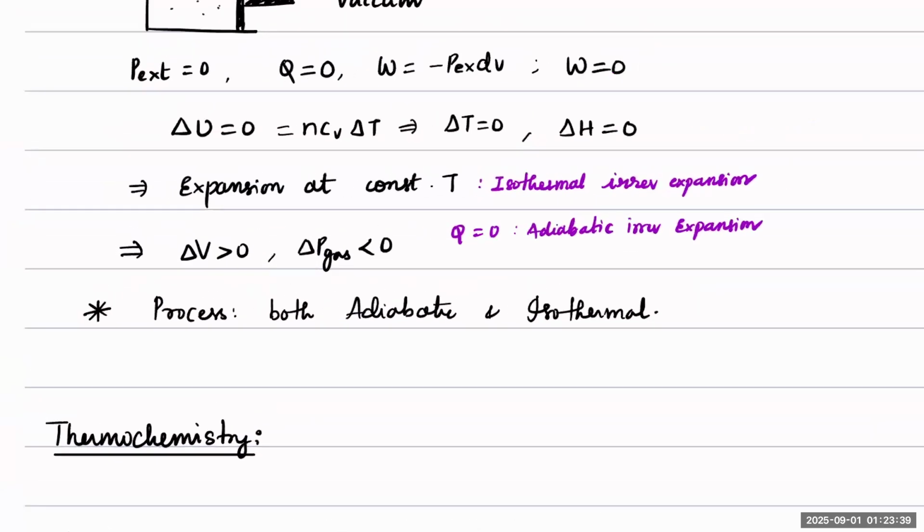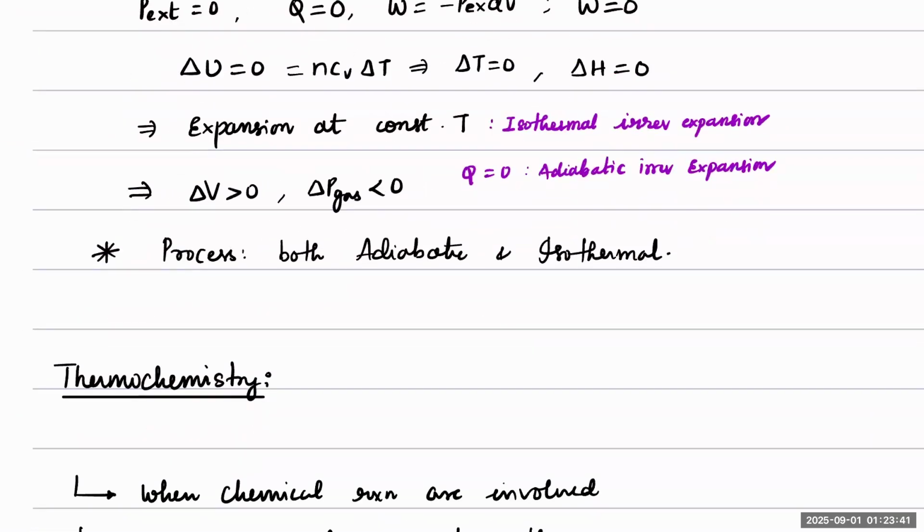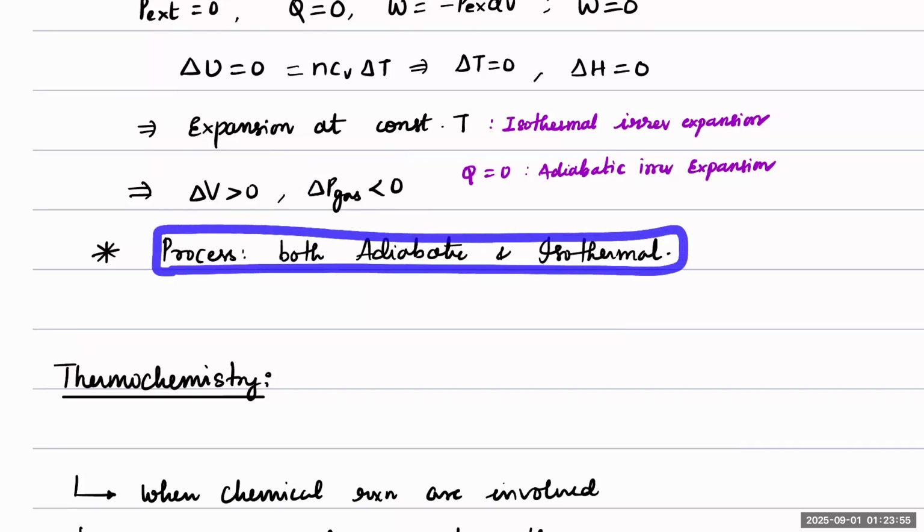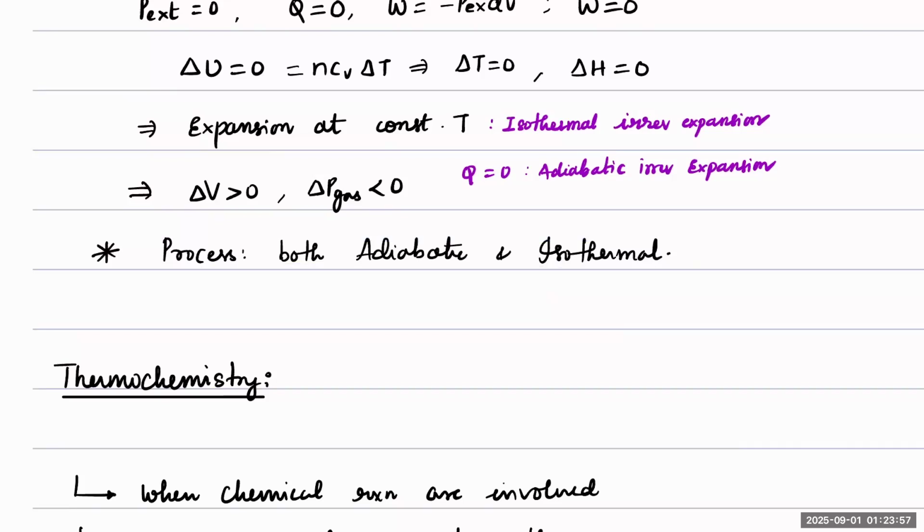Only thing that is non-zero is the change in volume, which is increasing because gas is going to expand and pressure of the gas is decreasing. So you can see this process is both adiabatic and isothermal. Everyone clear?